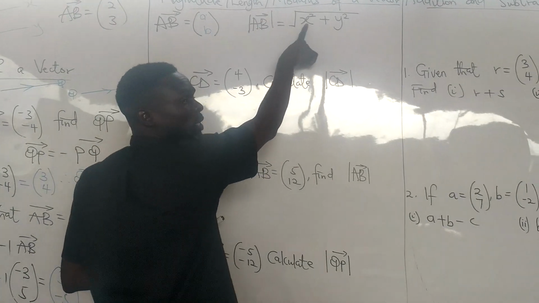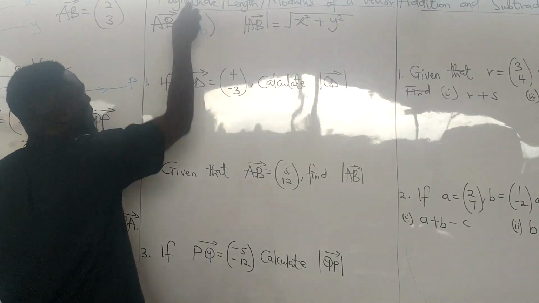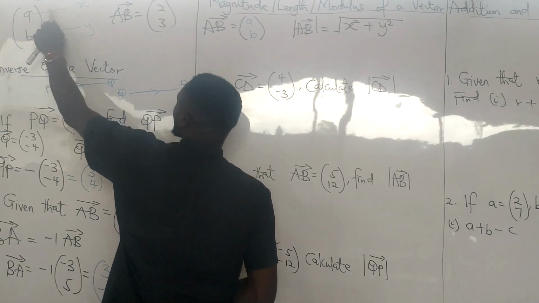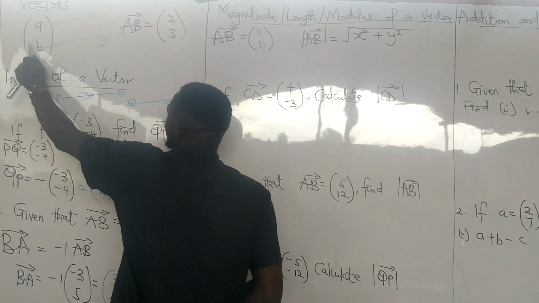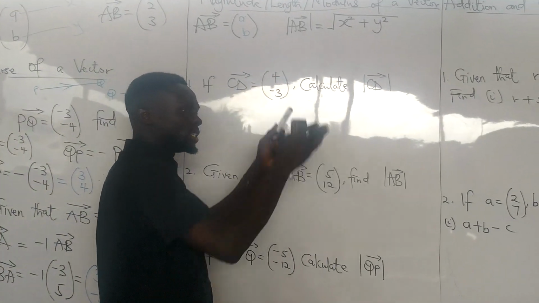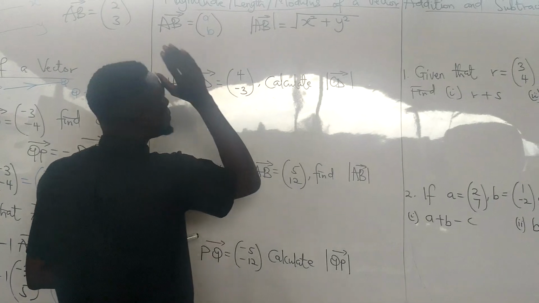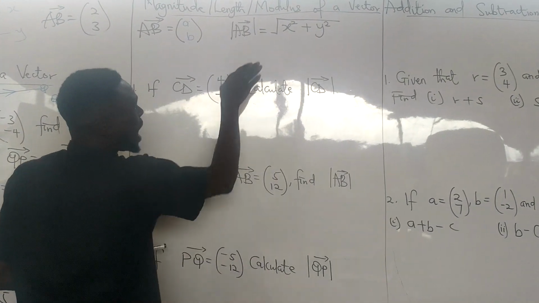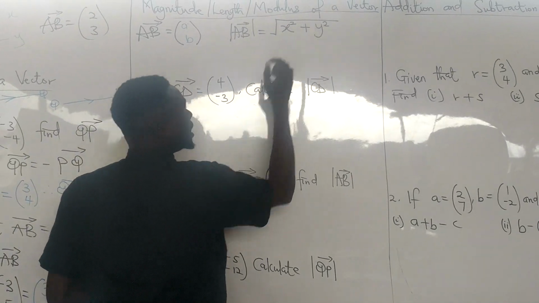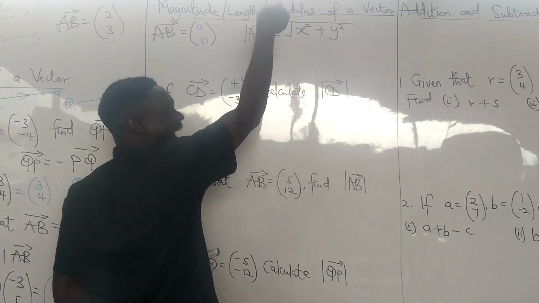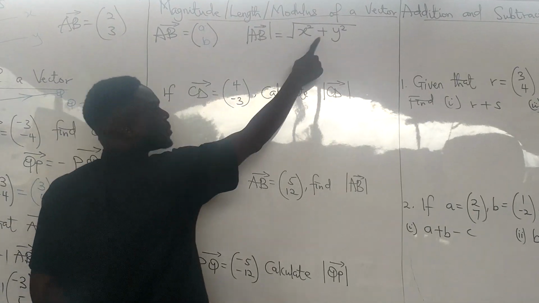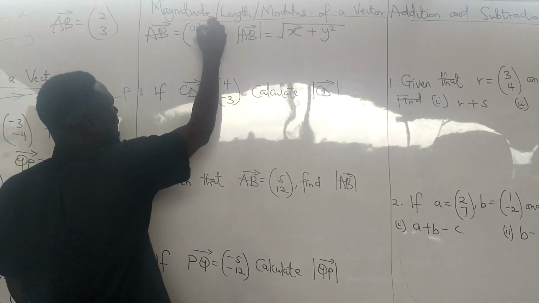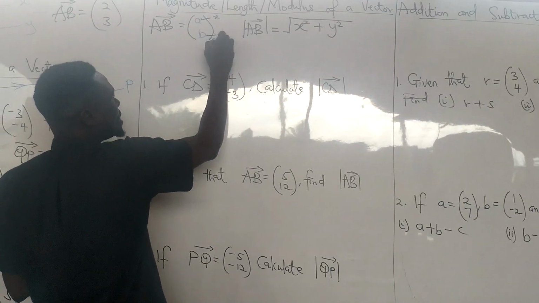The x component represents the first value, because we were told that in vectors, the first value represents the x component, and the second value represents the y component, and it is written vertically. So to find the length, the magnitude, or the modulus of a vector, I square the x component plus the square of the y component, then take the square root. Here, a is the x value, and b is the y value.